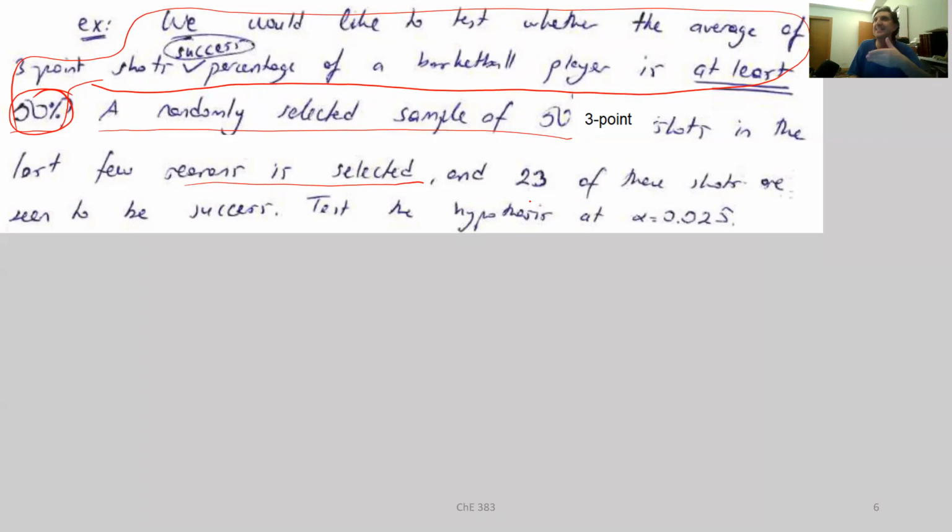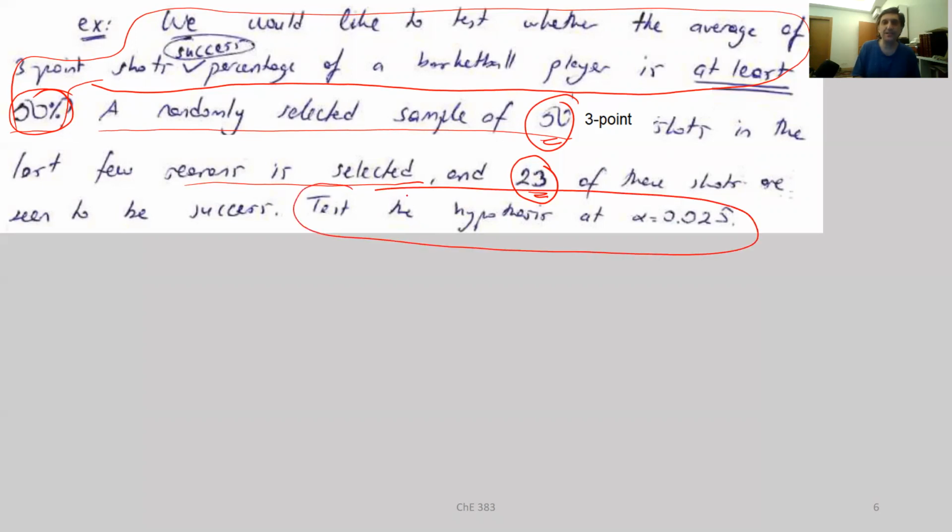So let's say that we have some random videos of that guy or girl who is throwing 3-point shots, and there are random selections of his or her 3-point shots. So we just take 50 of these videos, and we see that out of these 50 3-point shots, 23 of them are successes. And we would like to test this hypothesis using this sample.